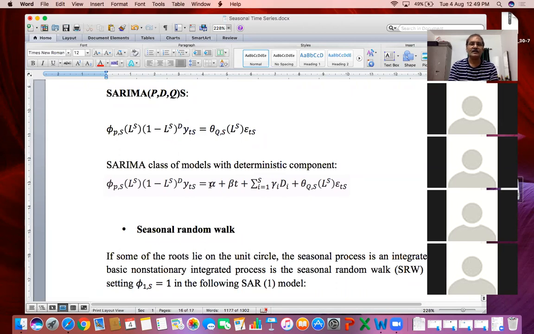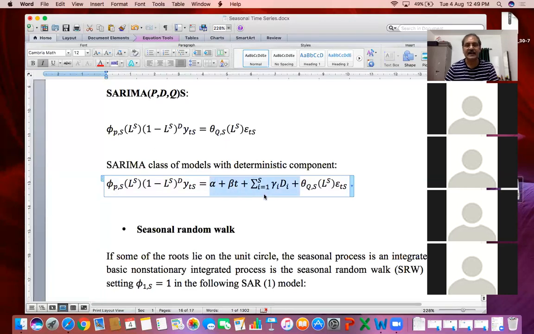So up to this, alpha plus beta times T plus sum of gamma i D i, these are the deterministic components in the seasonal autoregressive integrated moving average process. So the left hand side is the autoregressive part, integrated part, moving average part.